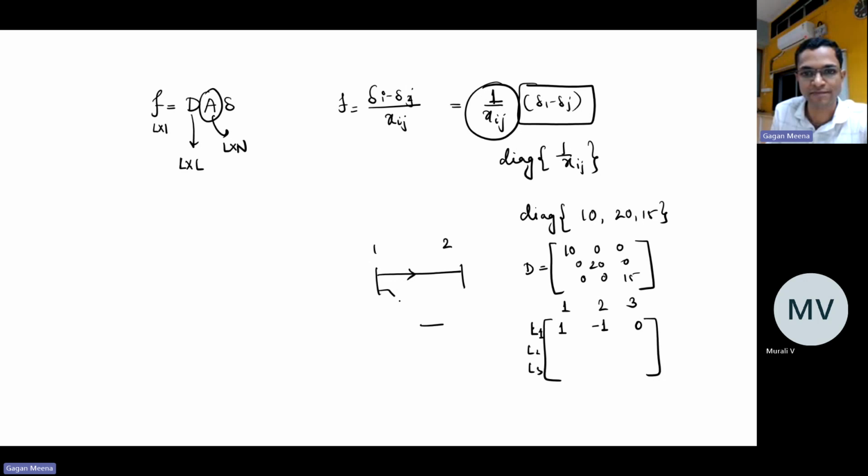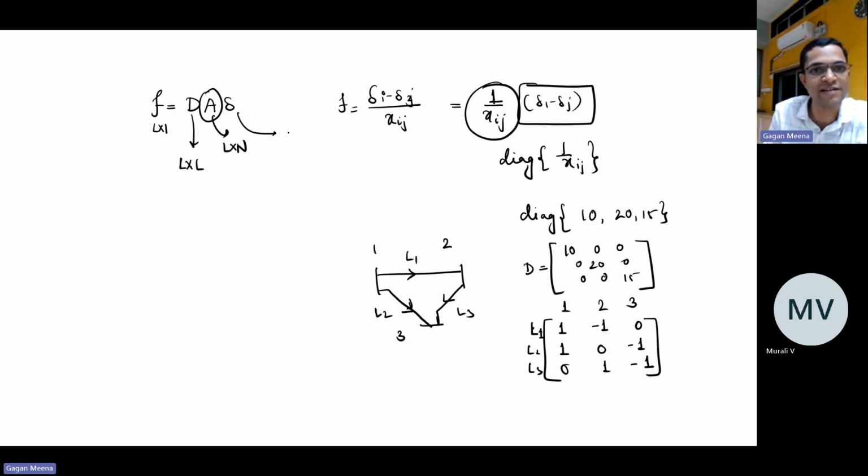The graph is always directed. So this is 1 to 2, first line, line 1. This is line 2. This is line 3. Line 3 is connected with 1 and 3. 1, minus 1. Line 2 is connected between 1 and minus 2 and 3. 1, minus 1. So this becomes the A matrix.